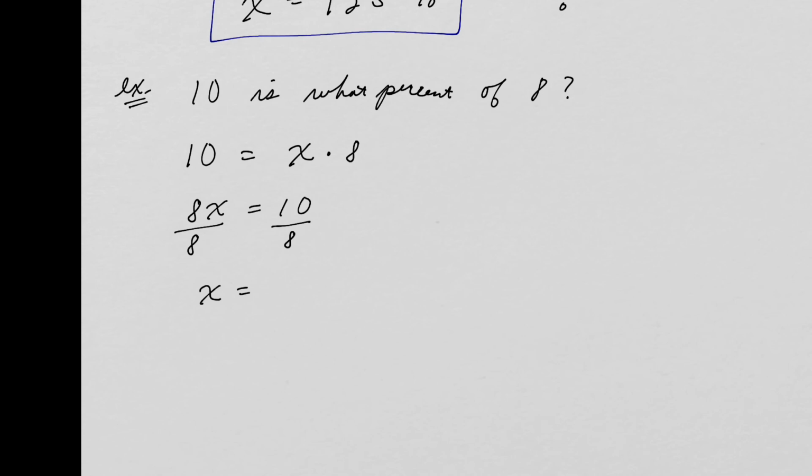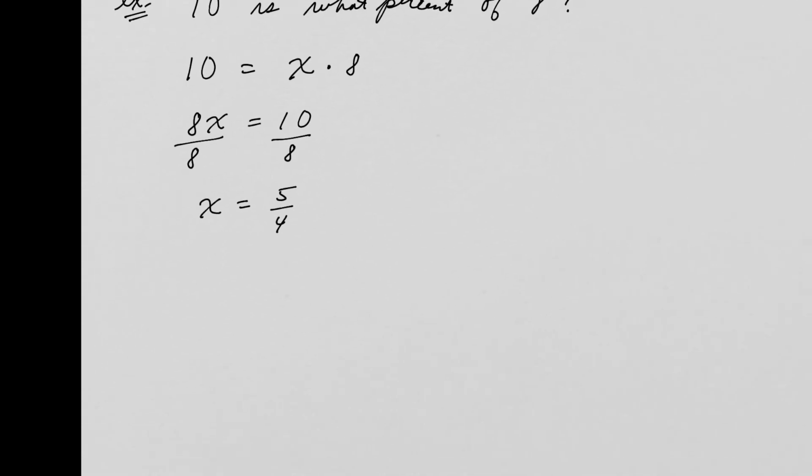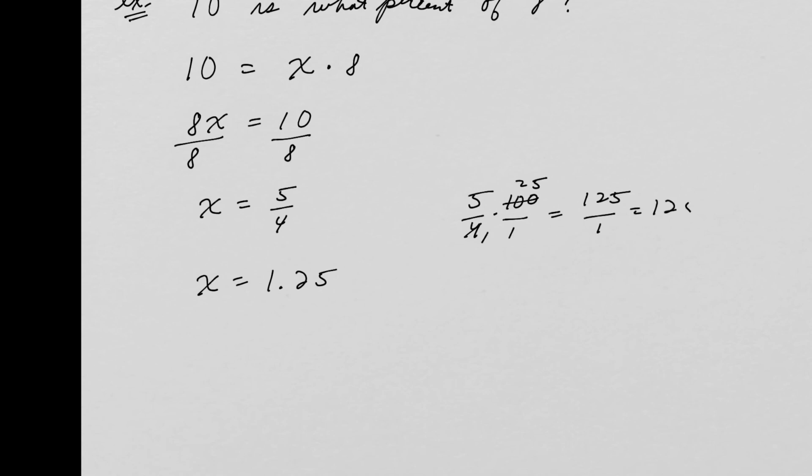notice that it's just going to be a fraction, or it's going to be a decimal depending on how you want to write it. So you could either write it as 5/4, or if you divide it out, it's 1.25. And then we have to make it into a percent because it's not a percent yet. Okay, so I'd have to multiply. I'd either multiply 5/4 by 100. So this is 1, this is 25, and then 5 times 25 is 125 over 1. So now it's a percent, right?